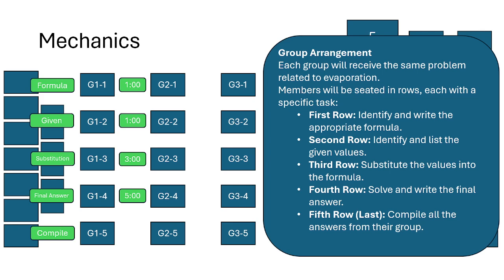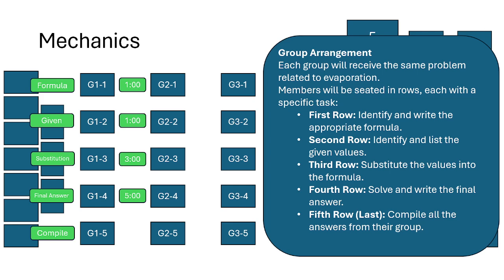And for the final answer, that will be 5 minutes. That is for determining the formula for 1 minute, identifying the given for 1 minute, and solving for 3 minutes, for a total of 5 minutes.